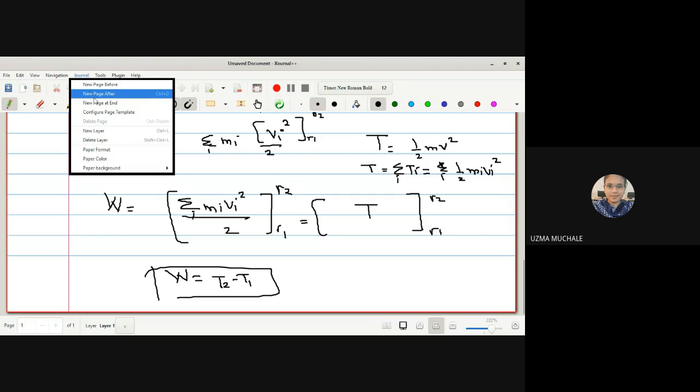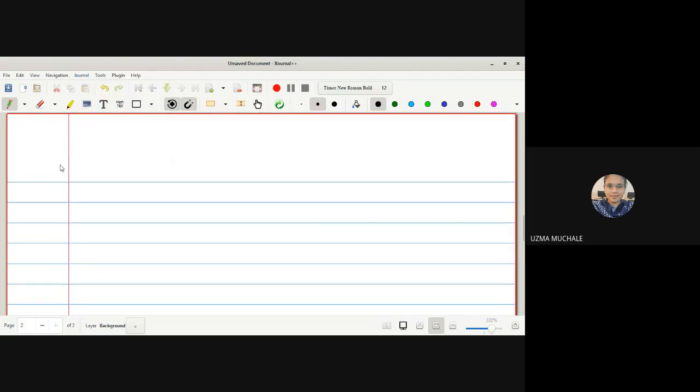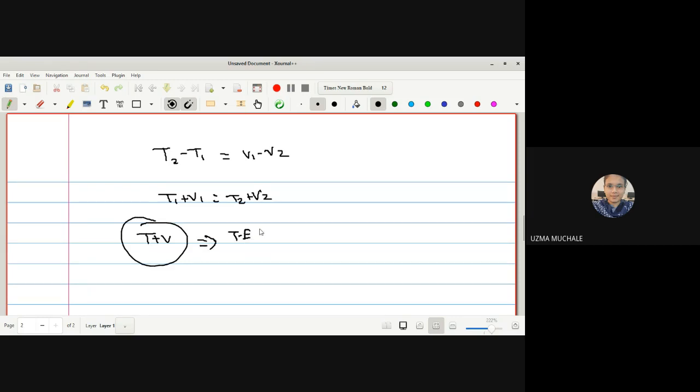In a very similar way, whatever we did for the single particle, we have now proved for n number of particles. Therefore, T2 minus T1 is equal to V1 minus V2, and hence T1 plus V1 is equal to T2 plus V2, and hence the total kinetic energy plus potential energy, that is the total energy of the system, is conserved.